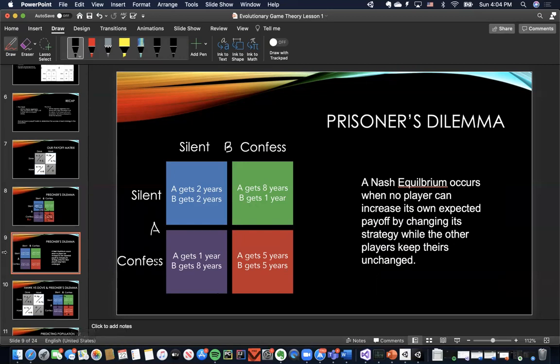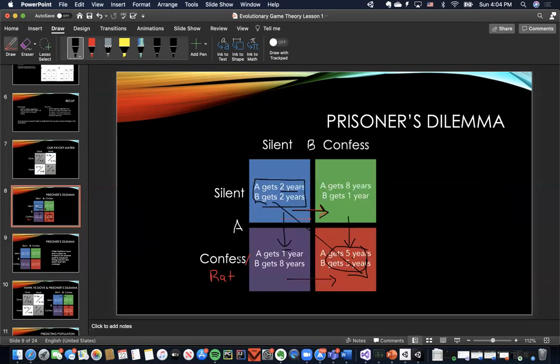The reason it's in the bottom right is because if anyone changed the strategy, say A was silent and B confessed, A would now be worse off. Same vice versa. If one was silent and the other confessed, the silent one would always be worse off. Therefore, it's always in the best interest to both confess. So we have one Nash equilibrium over here.